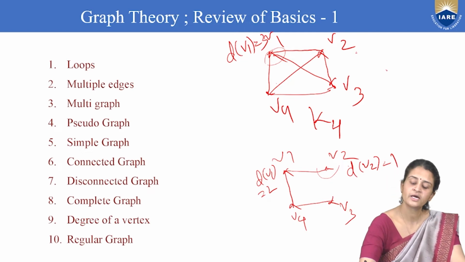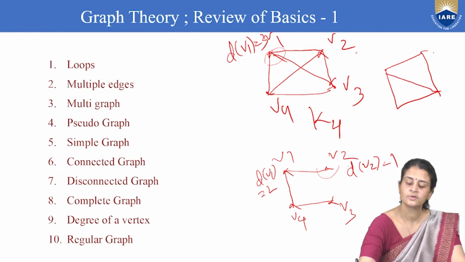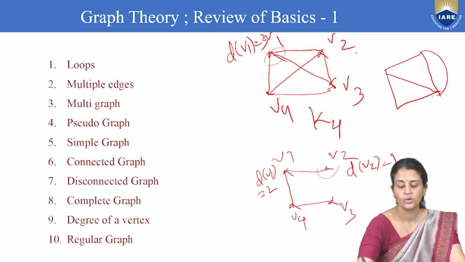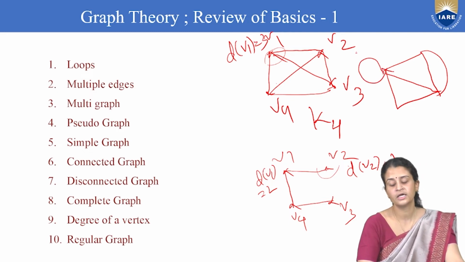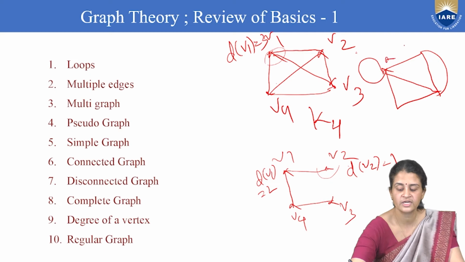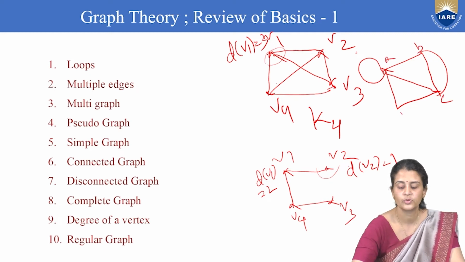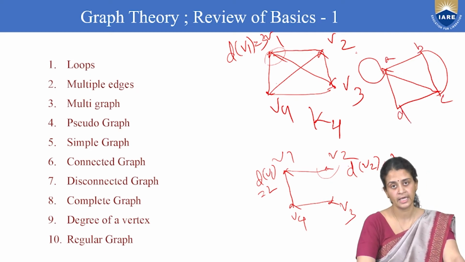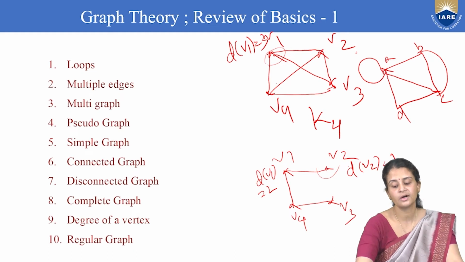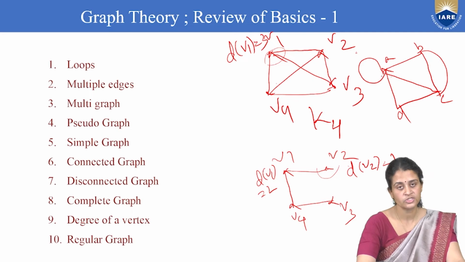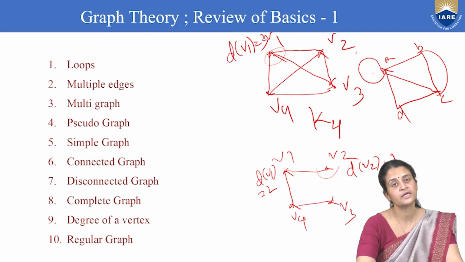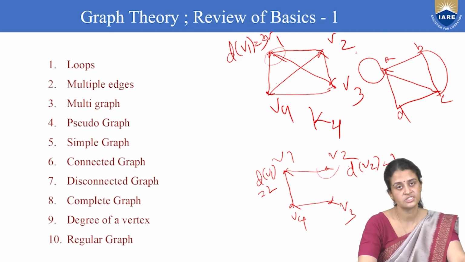Suppose I have a graph like this with multiple edges, and a loop is also there. Suppose the vertices are named A, B, C, D. What will be the degree of A? It is 1, 2, 3, 4, 5, because when we consider this loop, it starts from A and ends in A, so it adds degree 2 to the vertex it is incident with.